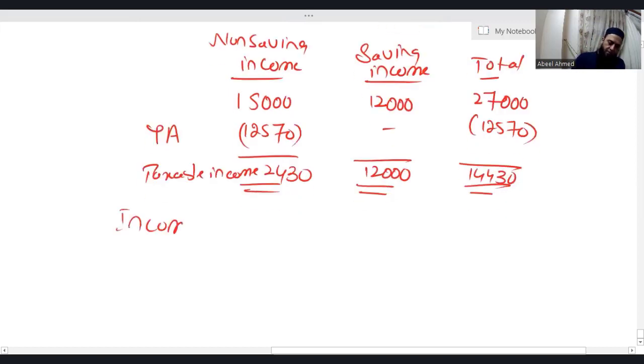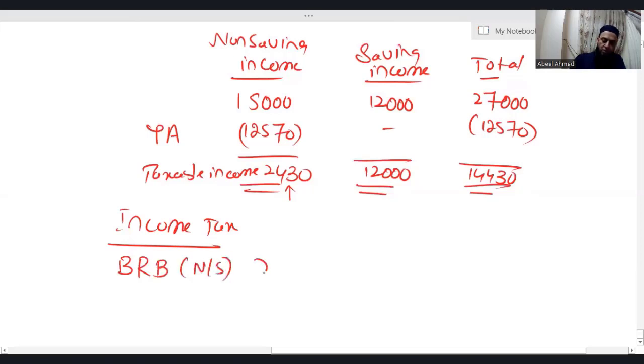Okay. Now, income tax. Please, now how do you apply income tax? Obviously, first you have to apply tax rates on non-saving income. In the column of non-saving income, now this time we have taxable income of 2,430. So obviously 2,430 taxable income in the column of non-saving falls in basic rate band.